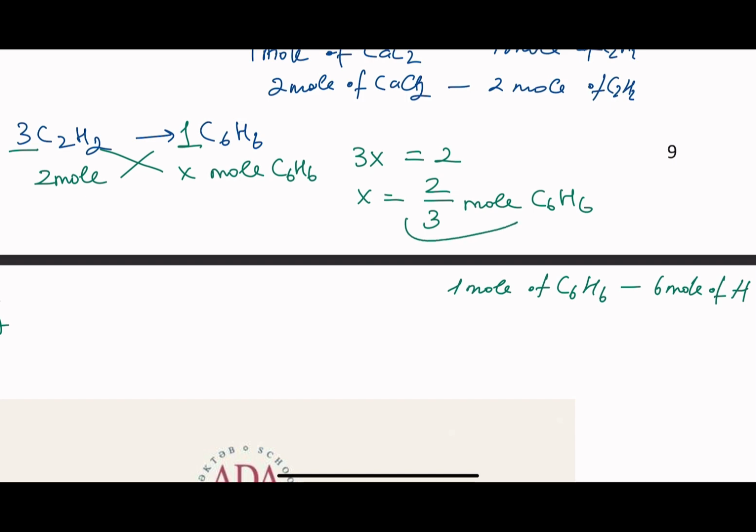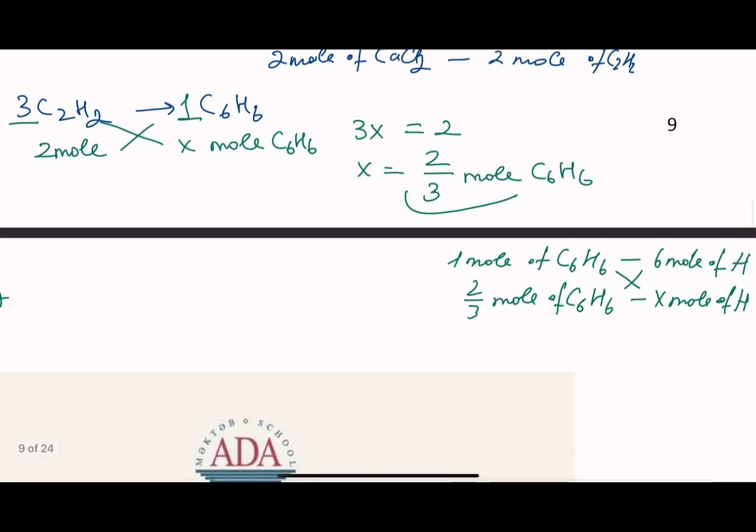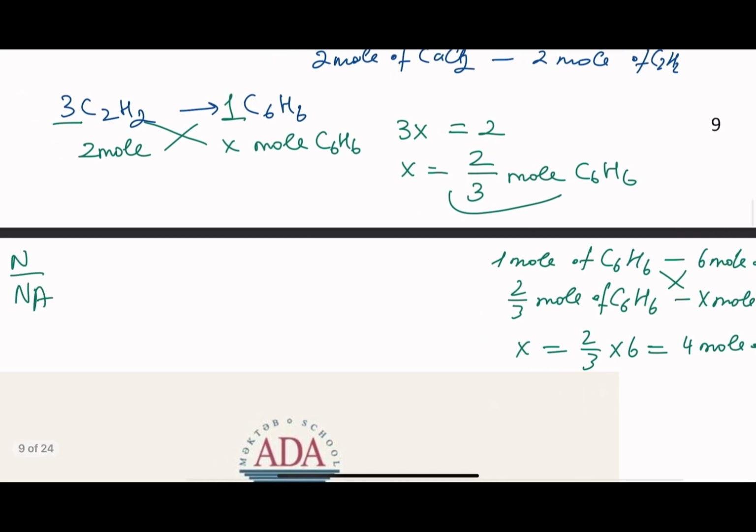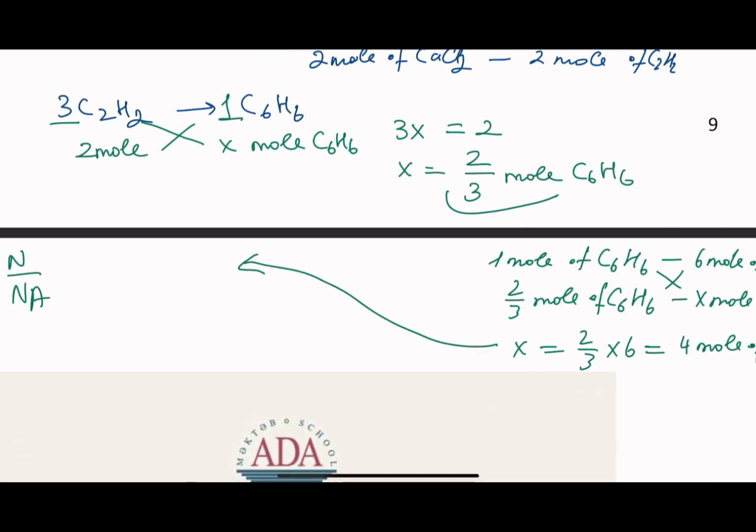And then for 2 over 3 mole of C6H6, you would have, let's say, x mole of hydrogen. So let's do this balance. x would equal 2 over 3 multiplied by 6, and this would be 4 mole, right? 4 mole of hydrogen.